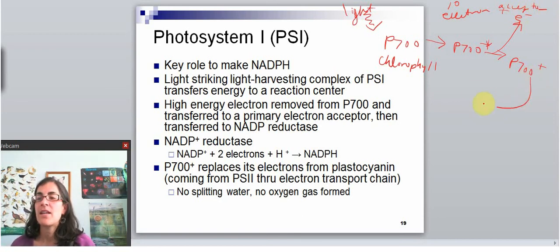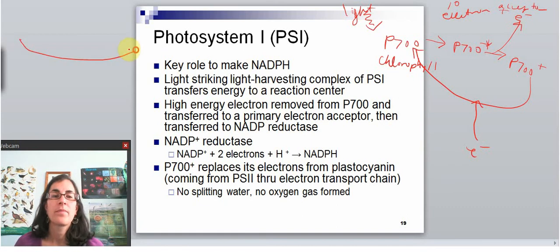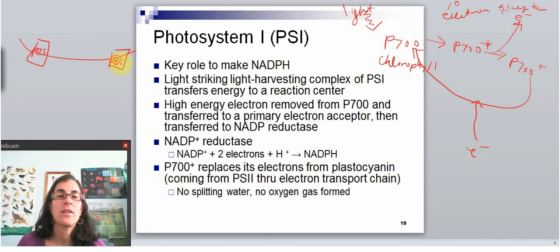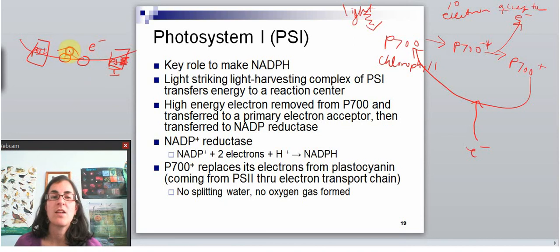Now again, we need to get P700 plus back to being P700, back to its original state. So I'm going to have to put electrons in there. But remember, I have photosystem 2, I have photosystem 1, and then my electron transport chain. And remember, I have an electron coming down the electron transport chain that just moved from PS2.